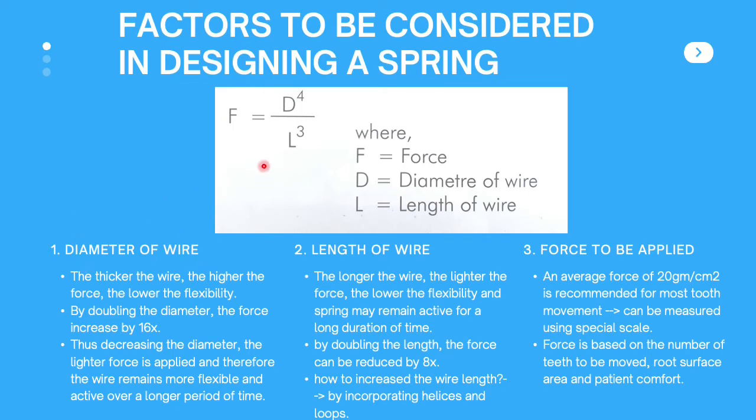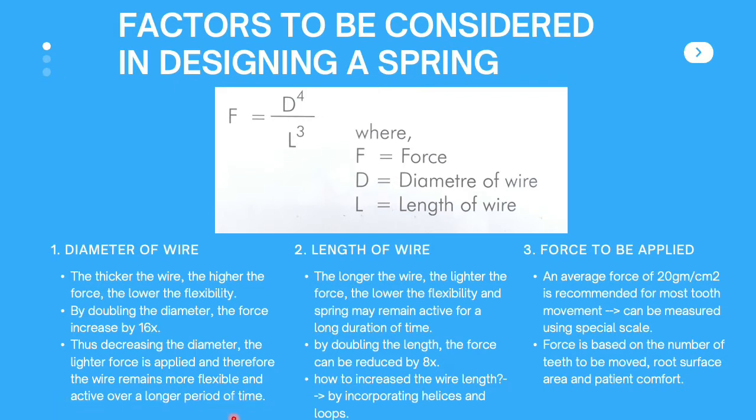Based on the equation, the thicker the wire, the higher the force, but the lower the flexibility. By doubling the diameter, the force will increase by 16 times. Thus, by decreasing the diameter, a lighter force is applied and therefore the wire remains more flexible and active over a longer period of time.